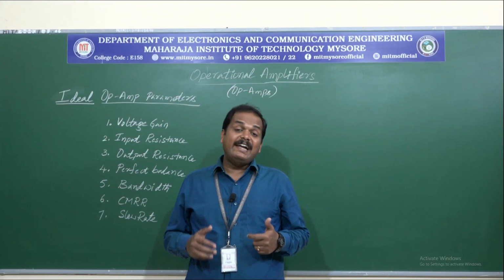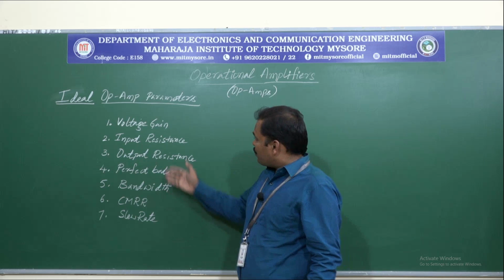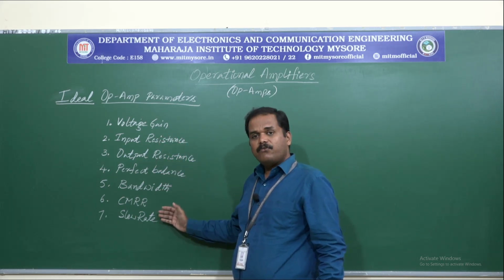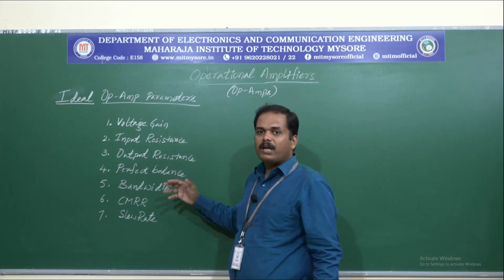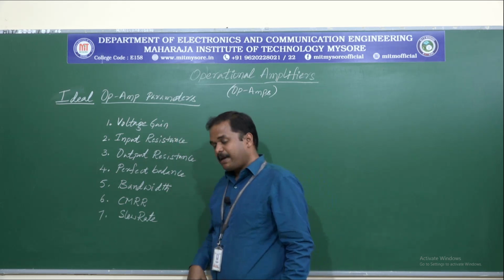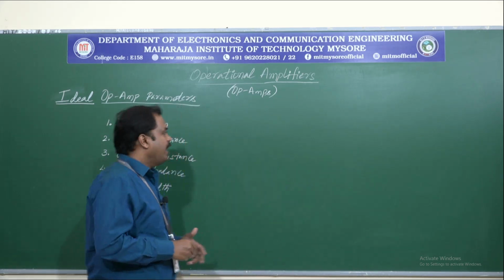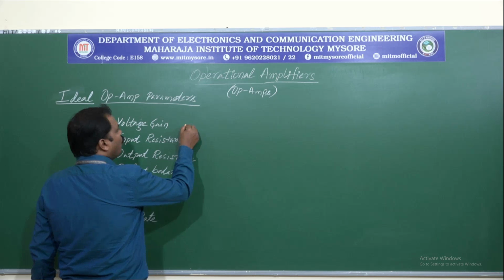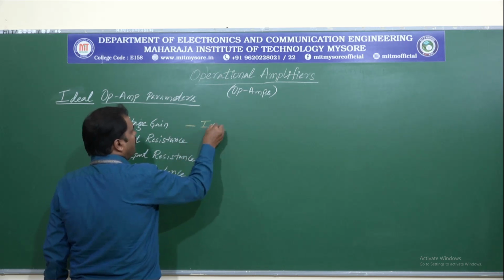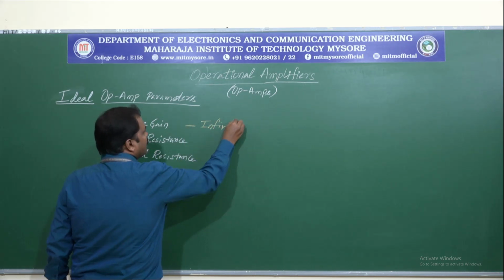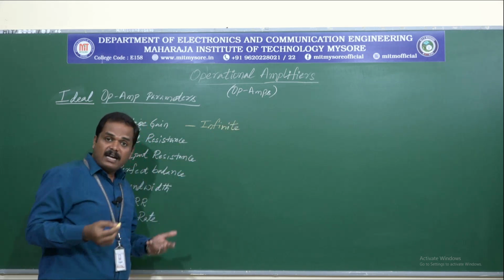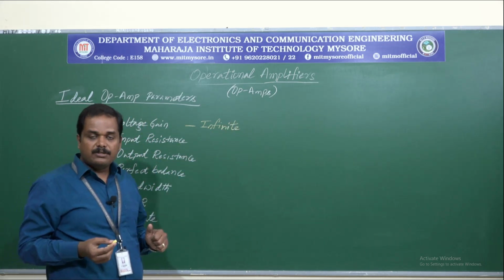Next we'll understand the ideal op-amp parameters. Here you can see a list of parameters considered for an ideal op-amp. The very first parameter is the voltage gain, and for any ideal op-amp, voltage gain is considered to be infinite, which is not desired for practical applications.